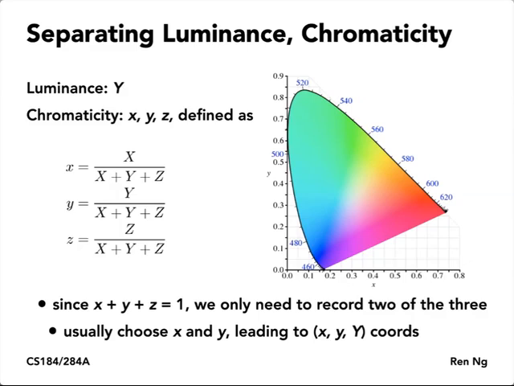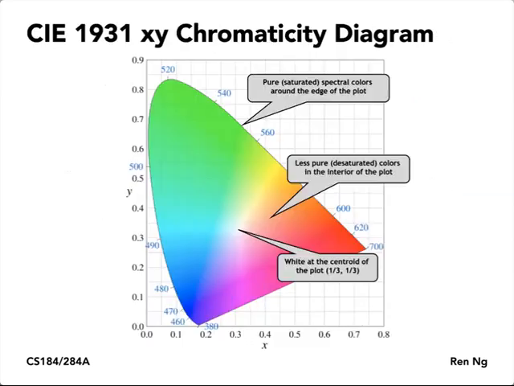We could have, for example, little x, little y, and capital Y as the 3 numbers for a color space. That would separate it into the luminance and then the chromaticity, the location inside this chromaticity diagram that we have spent some time talking about. So this is really common: tell me the luminance, tell me the chromaticity as a way to separate the color in the historical CIE XYZ color space representation.